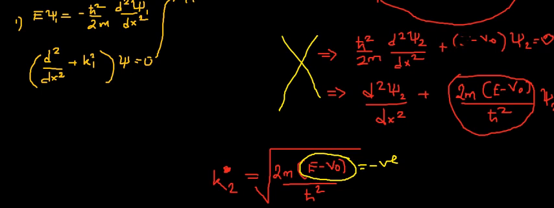Instead of E minus V naught, take a minus sign and write this as V naught minus E. Then in the next step, this cancels, and instead of E minus V naught I will have V naught minus E. Now it's a positive quantity.